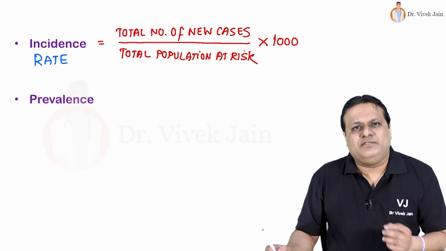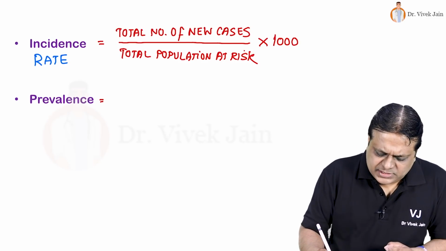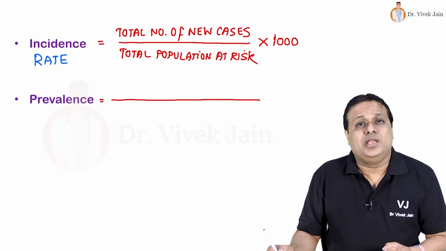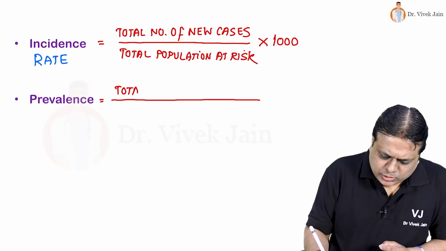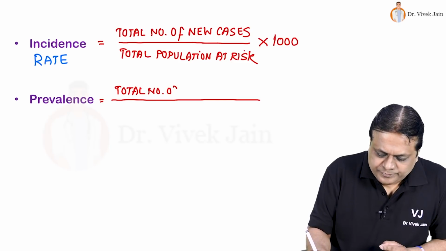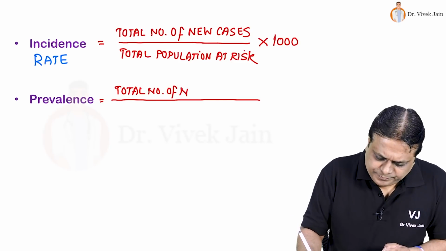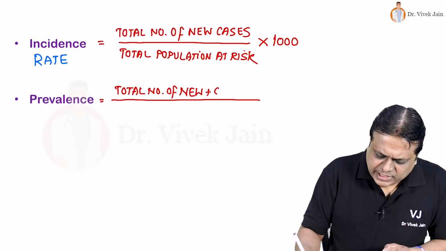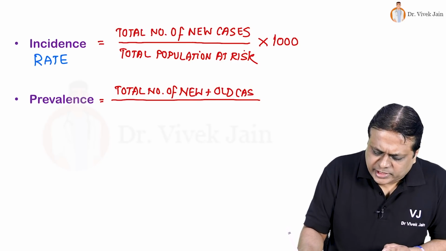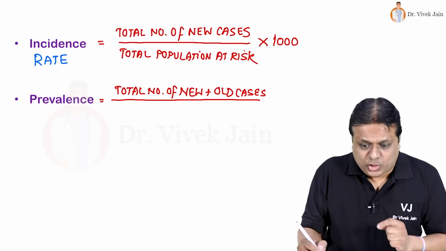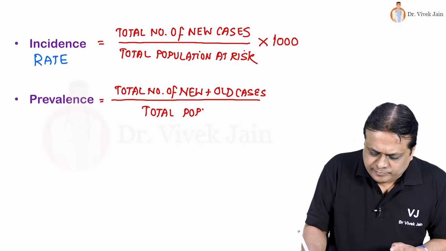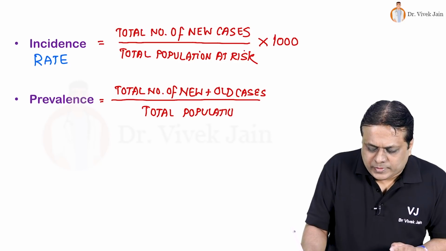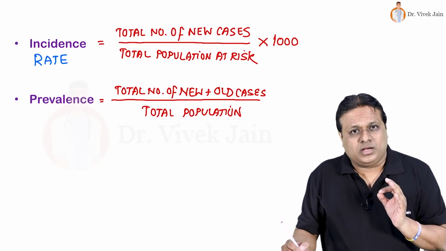In contrast, when we look at prevalence, prevalence is not just new cases, but it is total cases. So we can say it is total number of both new as well as old cases out of denominator is total population. And you have to remember the formula.